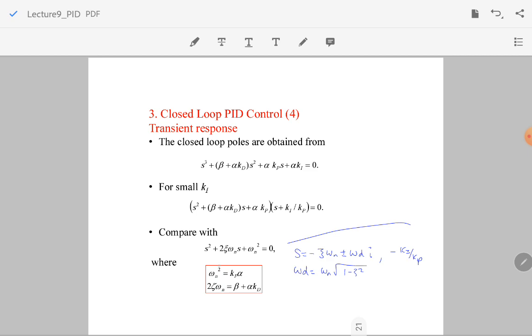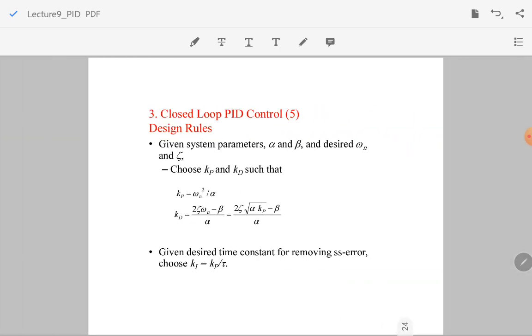So if you know the omega n that we want, how do we choose Kp? Kp is omega n squared divided by alpha. Once you choose Kp, you move on to Kd. What is Kd? 2 zeta omega n minus beta, divided by alpha. That's what this equation is saying.